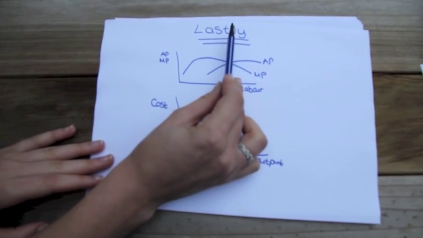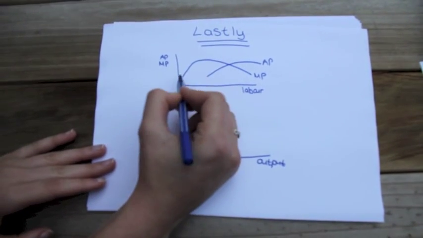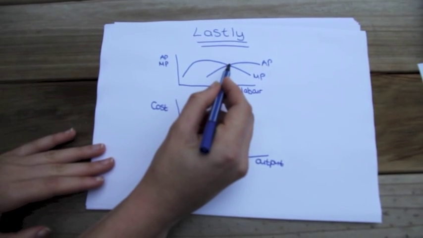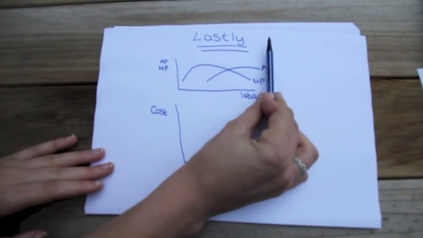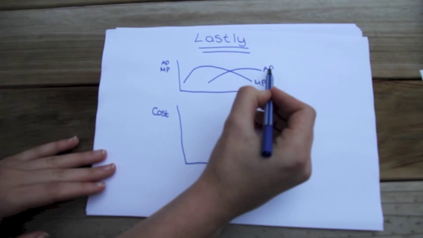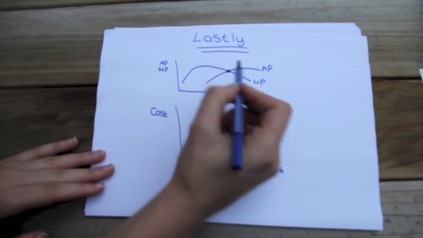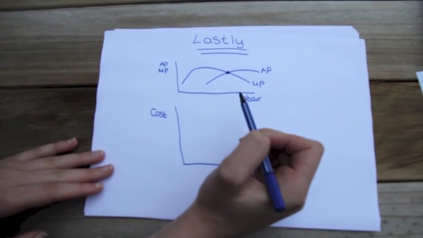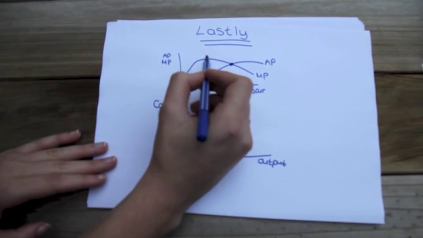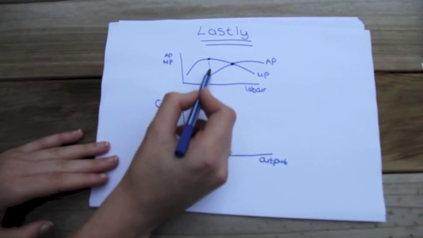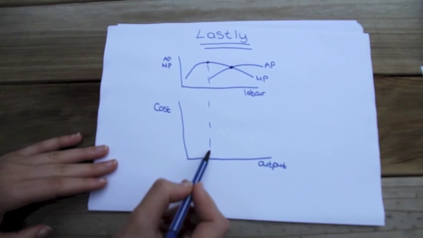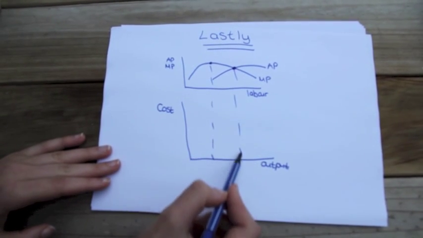So on our right hand side, remember, as we explained before, marginal is above average, therefore average is increasing. And on this side of the graph, marginal is below average, therefore average is decreasing. So this is the maximum of our average product graph. Now, this is the maximum of our marginal product graph. So we're going to draw lines down, and we're going to draw lines down here too.